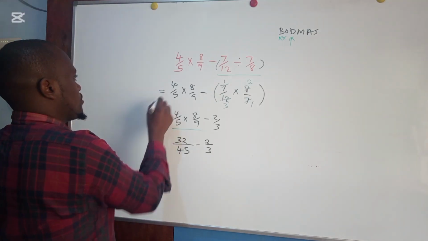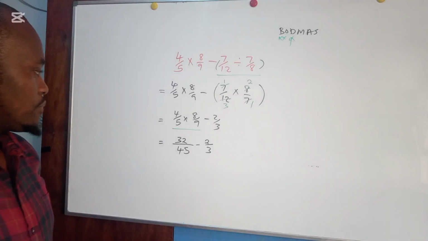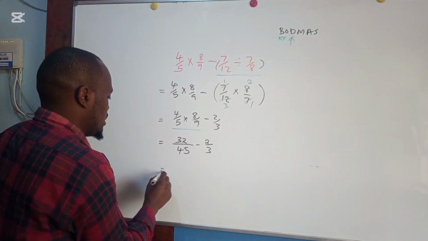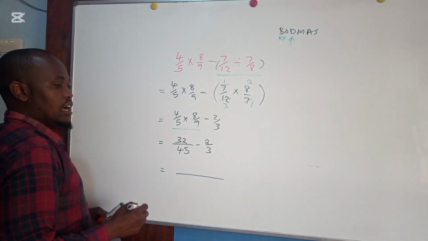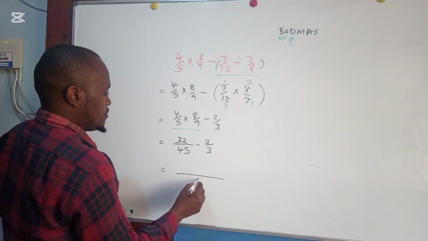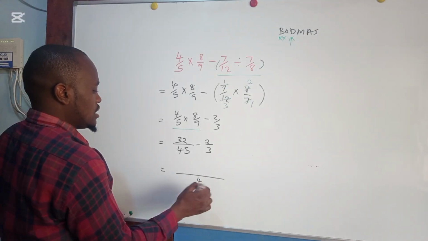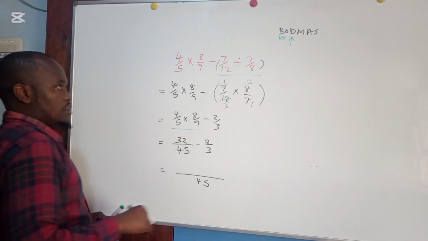How do you subtract fractions? You use the LCM of 45 and 3. The LCM here is 45. If you can't get the LCM by just looking at the numbers, you can do it somewhere else. You do the LCM of 45 and 3.